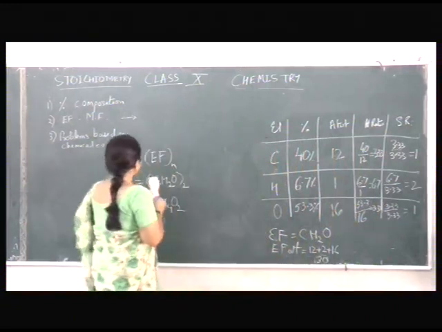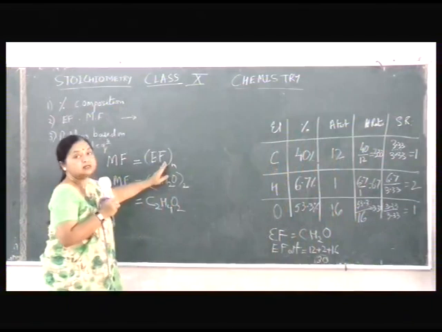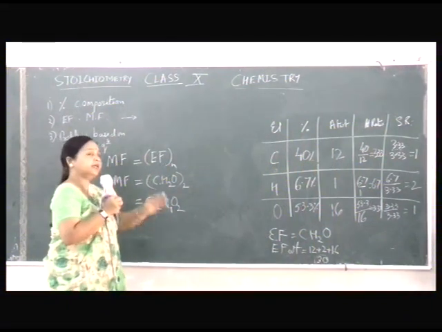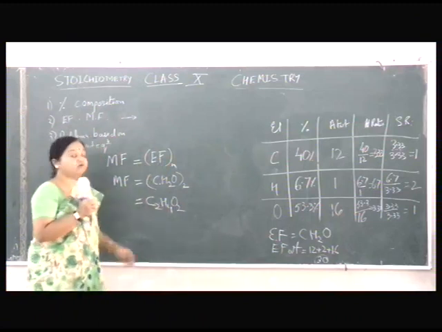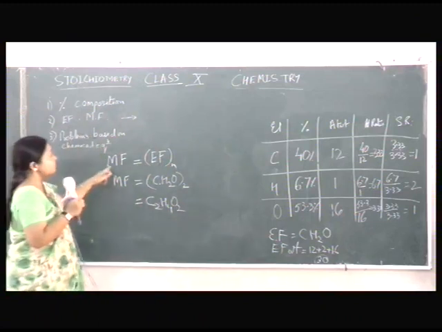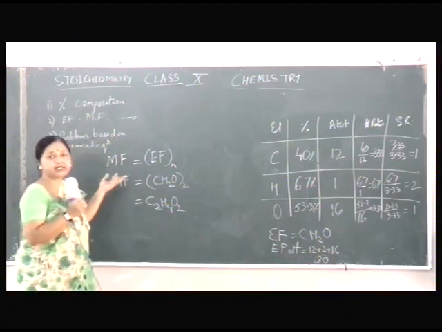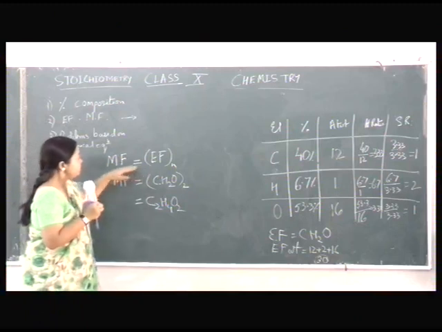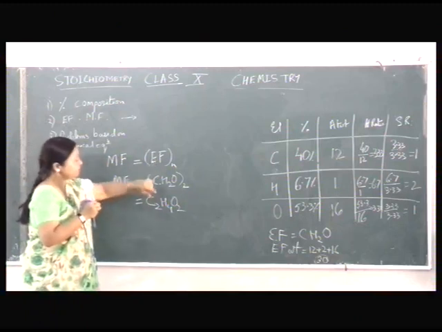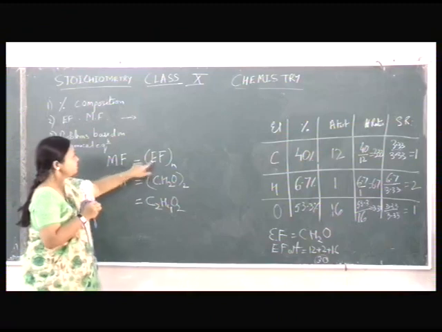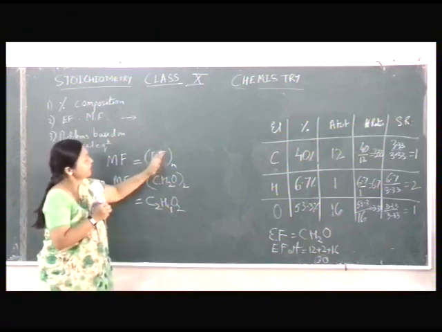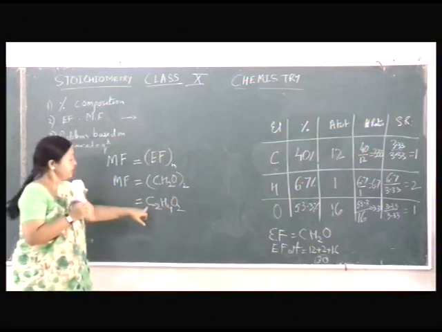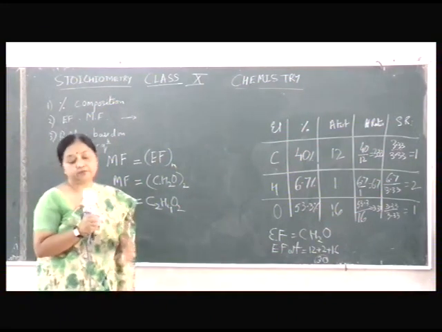Now relate the empirical formula weight to the molecular formula weight. Molecular formula may be directly given in the question, or vapor density will be given. So molecular formula weight you can calculate by 2 into vapor density. That is the equation. Then equate these two. So n value you have found out, and molecular formula is empirical formula into that n integer, and that is how you get the molecular formula of the compound.